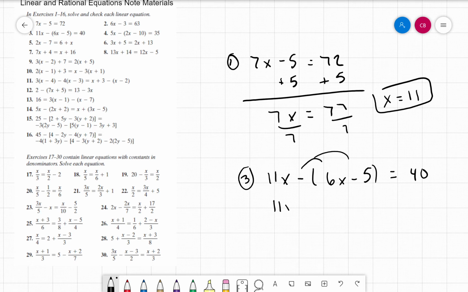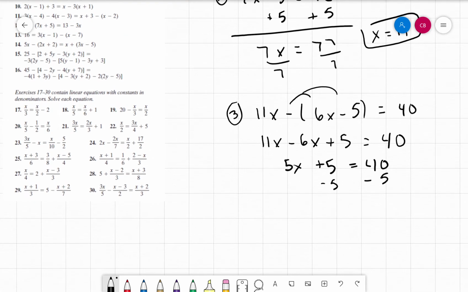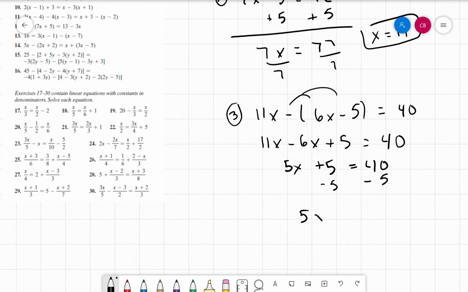So we have 11x minus 6x plus 5 is equal to 40. 11x minus 6x is 5x, plus 5 is equal to 40. Minus 5, minus 5. 5x is equal to 35, or x is equal to 7.